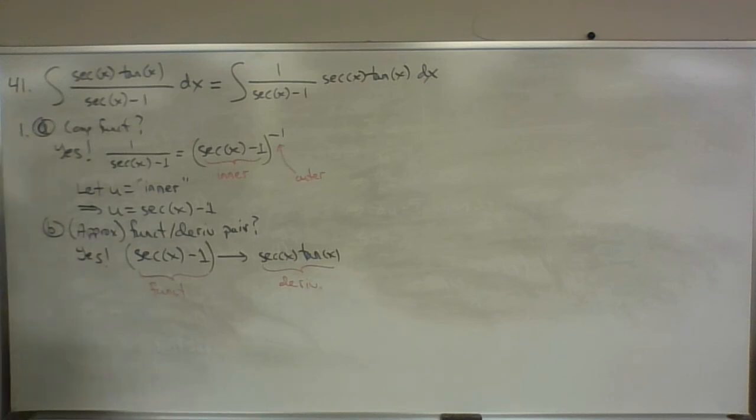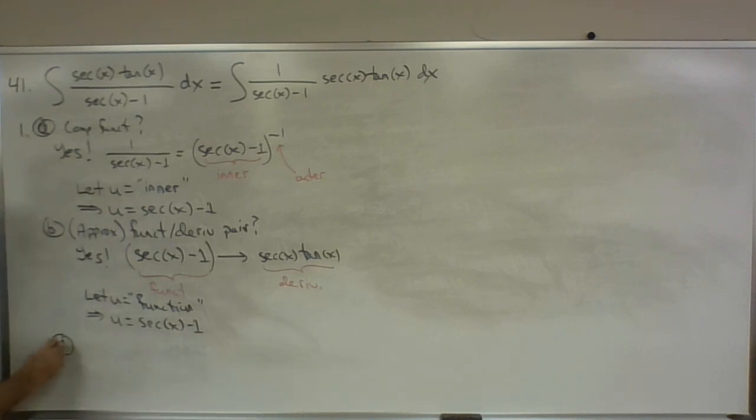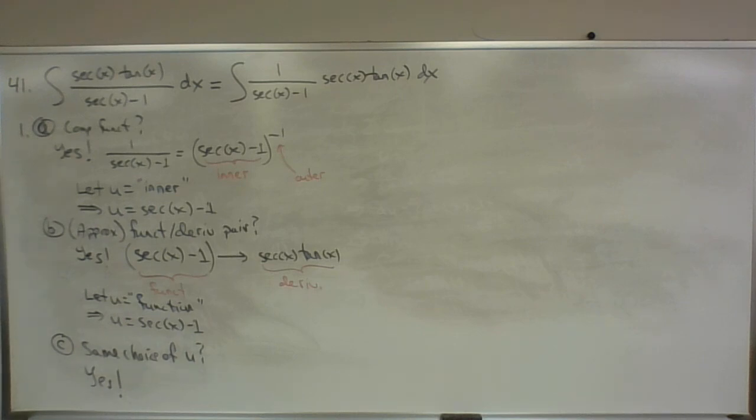And the rule of thumb in part B is let u equal the function of the function derivative pair. So u is secant x minus 1. And criterion C, do A and B suggest the same choice of u? They sure do. So we know we're doing everything right.